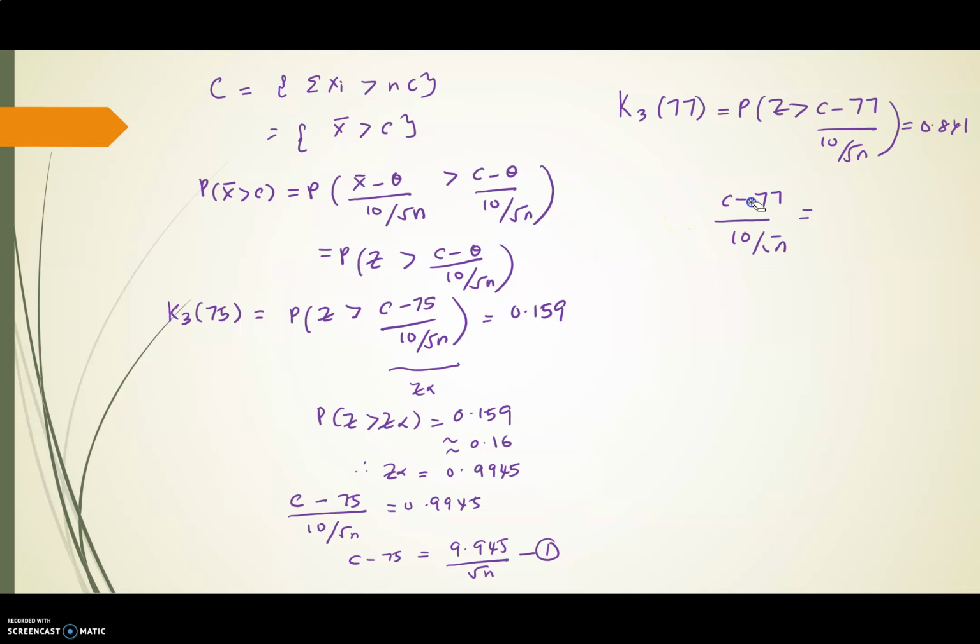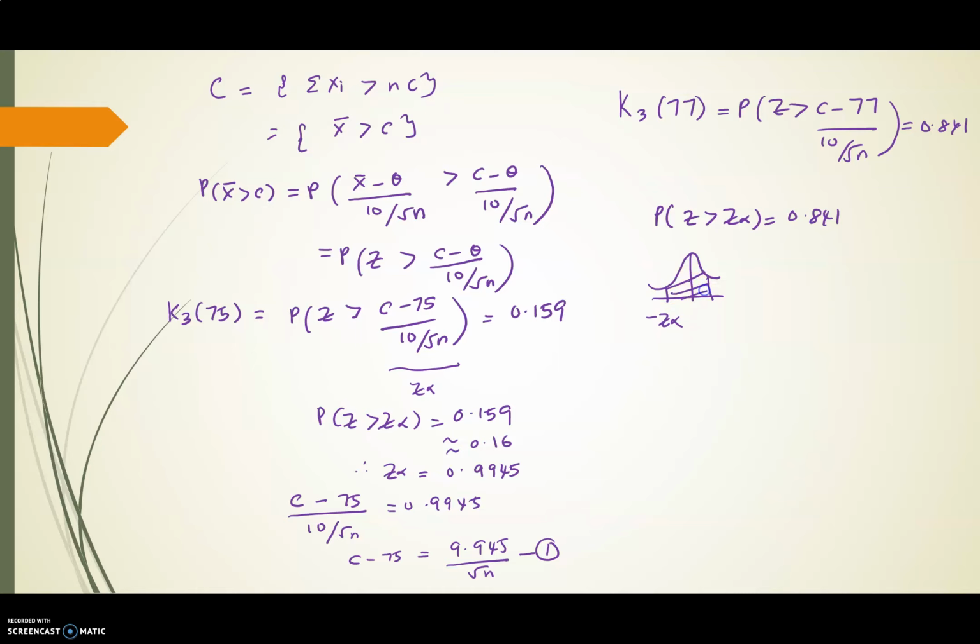Okay, let's say we want to find the probability Z greater than Z alpha, which is 0.841. Since we want to find Z greater than Z alpha, that means our Z alpha should be on the negative side.